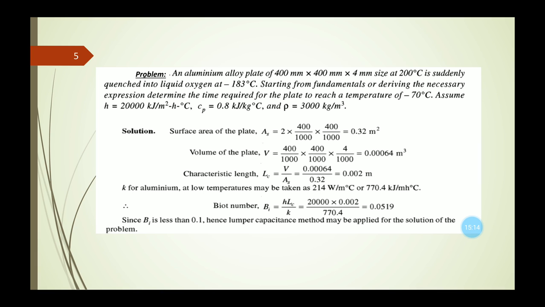Starting from fundamentals or deriving the necessary expression, determine the time required for the plate to reach a temperature of minus 70 degrees centigrade. Some data are given here that we need to assume: h equals 20,000 kilojoule per meter square hour degree centigrade, Cp equals 0.8 kilojoule per kg degree centigrade, and rho, that is density, is 3000 kg per meter cube.